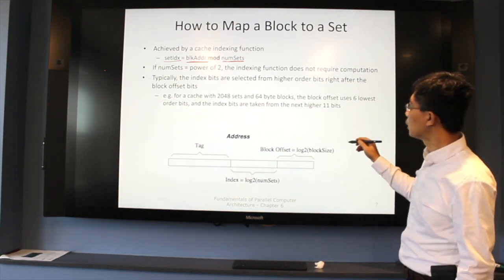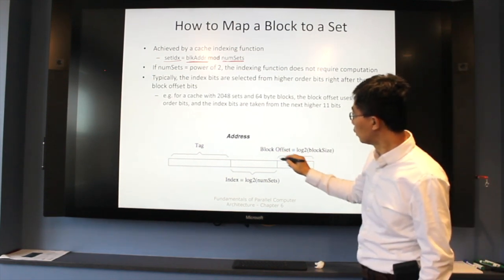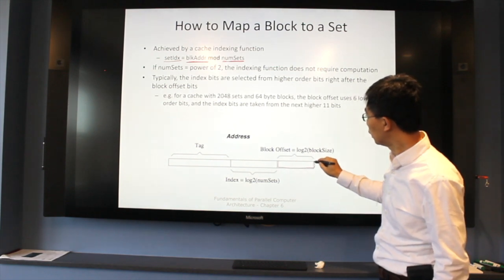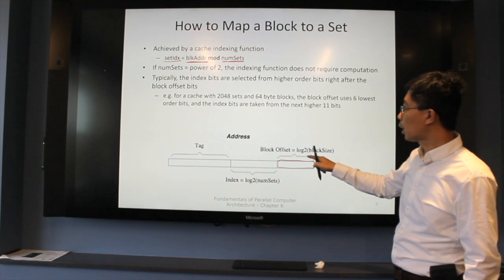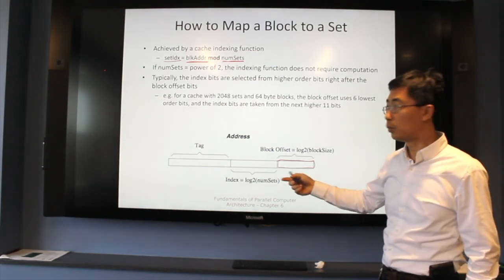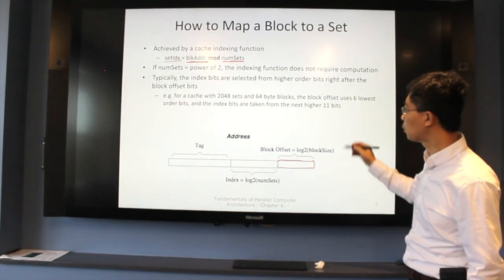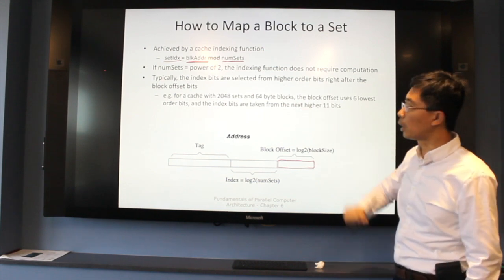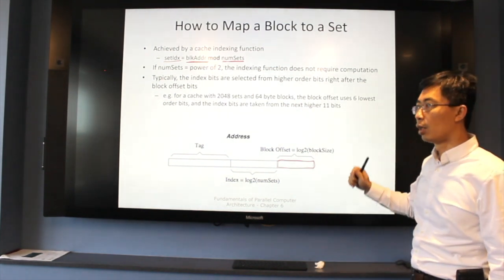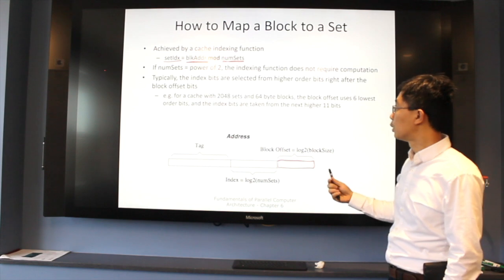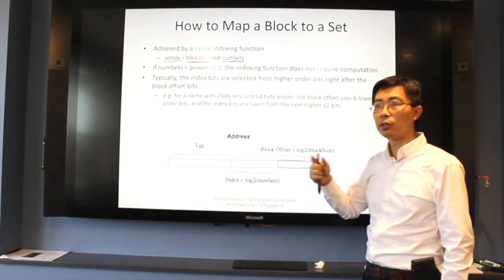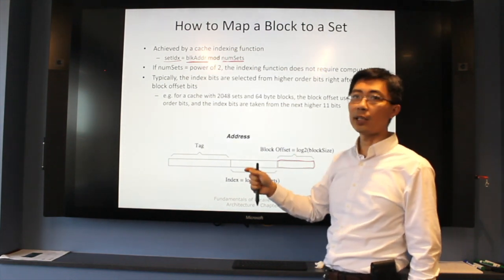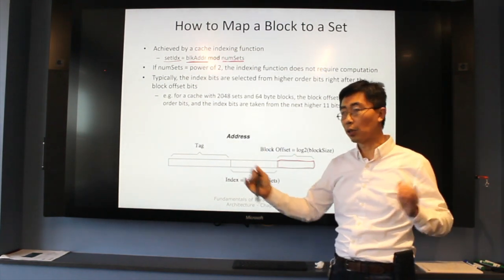So you essentially have this portion right here for the block offset. The block offset is calculated by the log 2 of the block size. For example, if you have 64 byte blocks, then you're going to use 6 bits of the address just to identify which particular byte you want to access in the block.